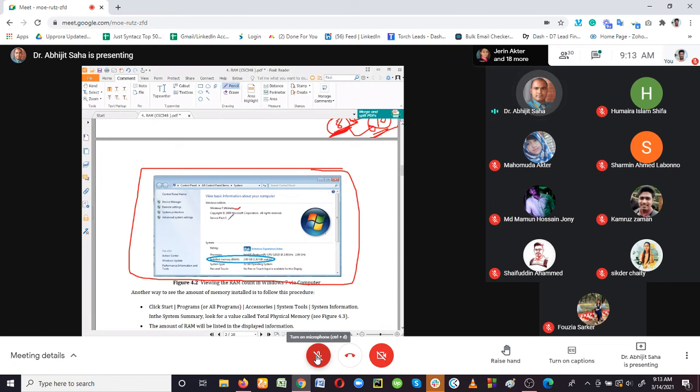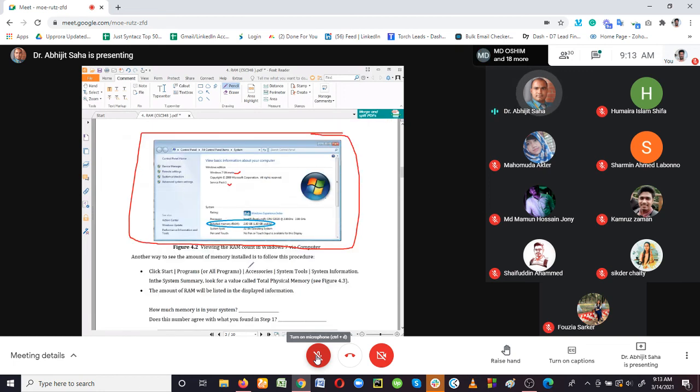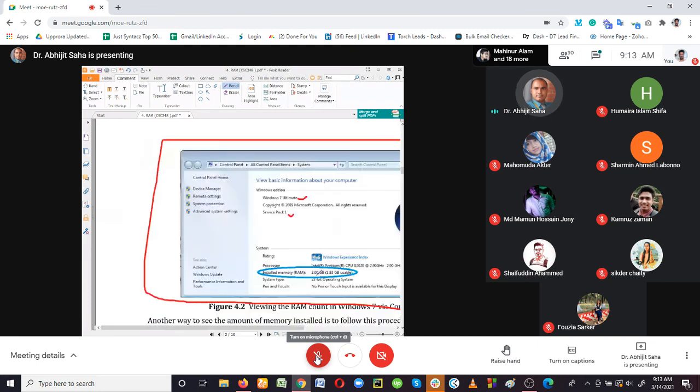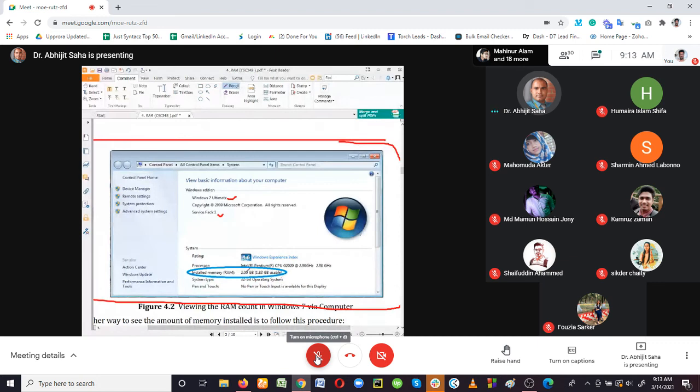Then there is the service pack version, service pack 1 or service pack 2, and it also shows your RAM. You can see the processor, which was a 2.90 gigahertz dual processor, and the installed memory is 2.00 GB.